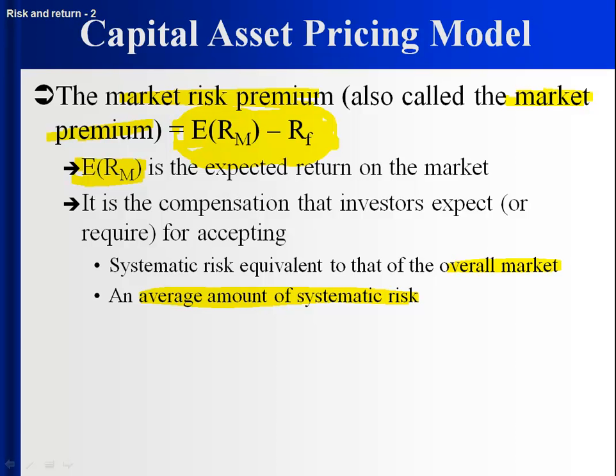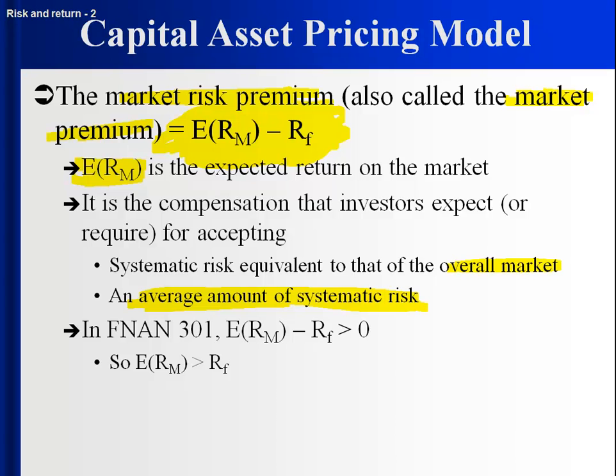So if you've got a little bit of this or a little bit of that, or all of this or all of that, it's going to be average, and therefore this market premium tells us how much extra we get, what the compensation is for taking on an average amount of systematic risk. So it's really important.